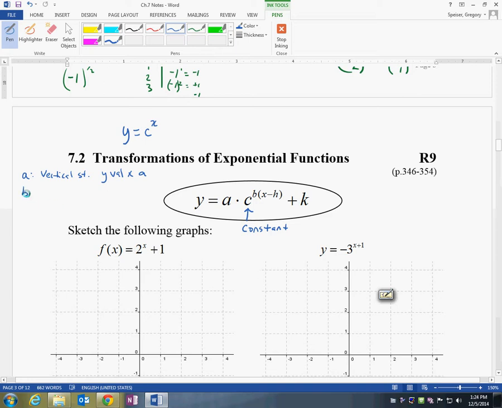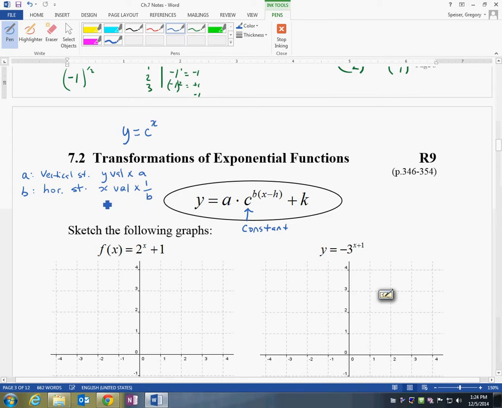B is your horizontal stretch or compression, and the x values get multiplied by 1 over b.